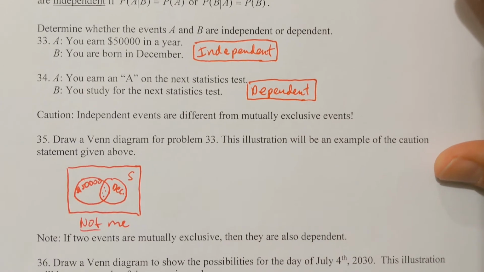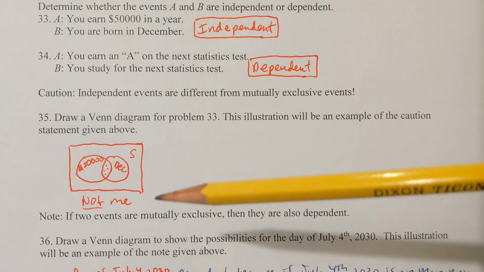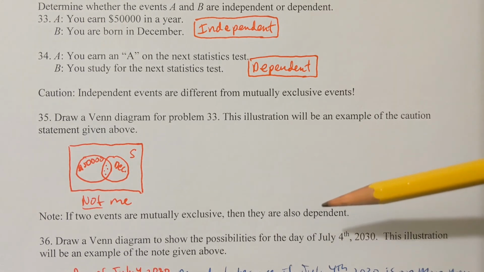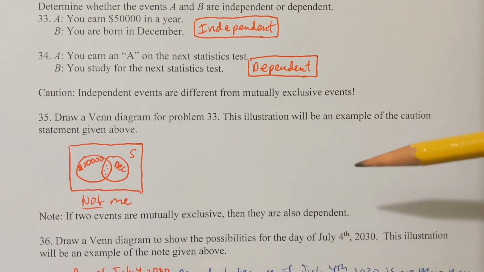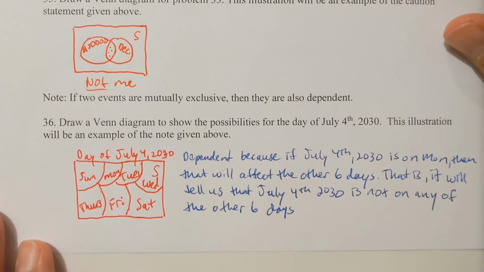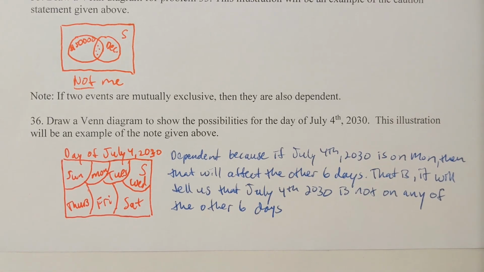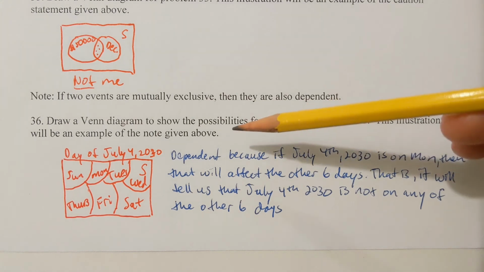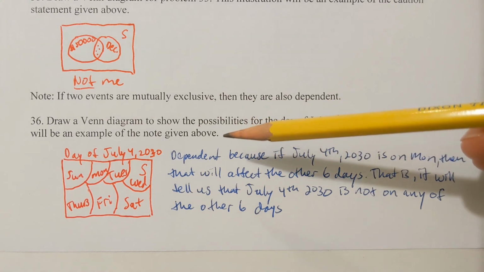As a note, two events being mutually exclusive means that they're also dependent. We'll look at that now. Draw a Venn diagram to show the possibilities of July 4th, 2030. This illustration will be an example of the note given above.